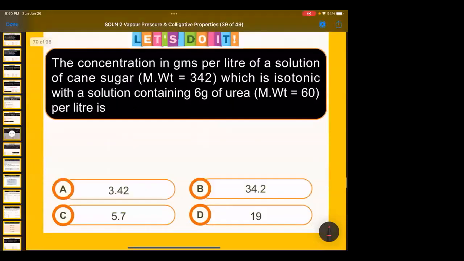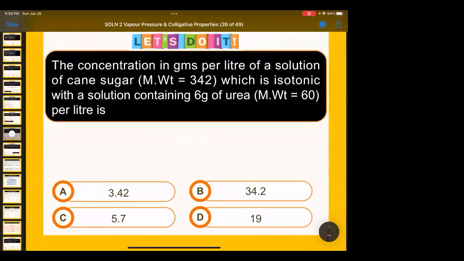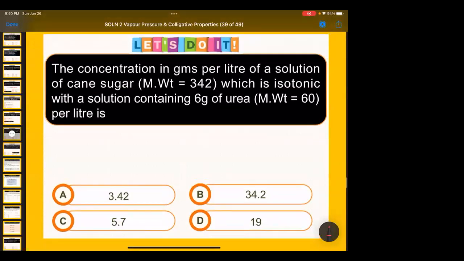And what about this one? The concentration in grams per liter of a solution of cane sugar which is isotonic with a solution containing 6 gram of urea, whose molecular weight is 60, in 1 liter of solution.